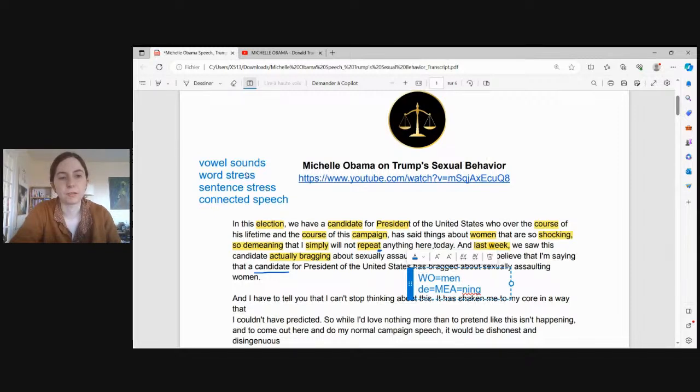So that is word stress, sentence stress, and connected speech is the way that natives speak and connect the words together to sound more natural, to speak faster. And so we had an example there with repeat, repeat anything here today.